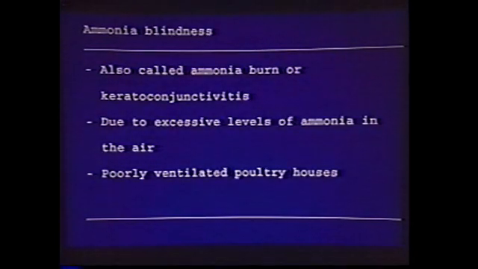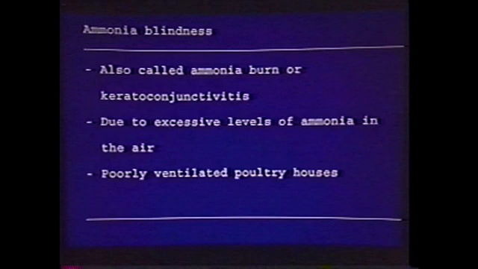It's due to excessive levels of ammonia in the air of poultry houses, due to poor ventilation, especially in winter. The vents are closed, the windows are closed, and curtains are down, and they don't ventilate the houses. So there'll be so much ammonia in the litter that causes irritation of the eye.